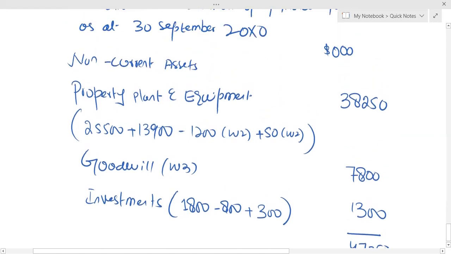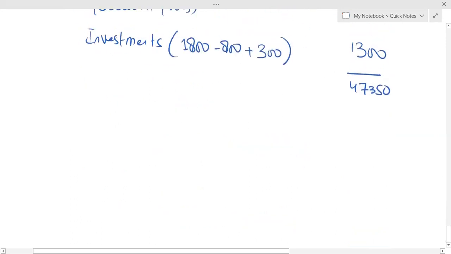Okay, now let's go for current assets. Inventory.